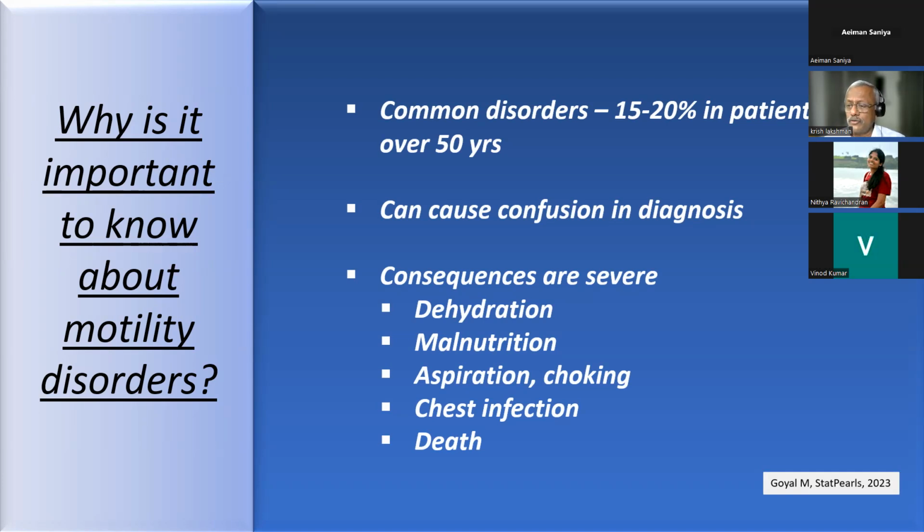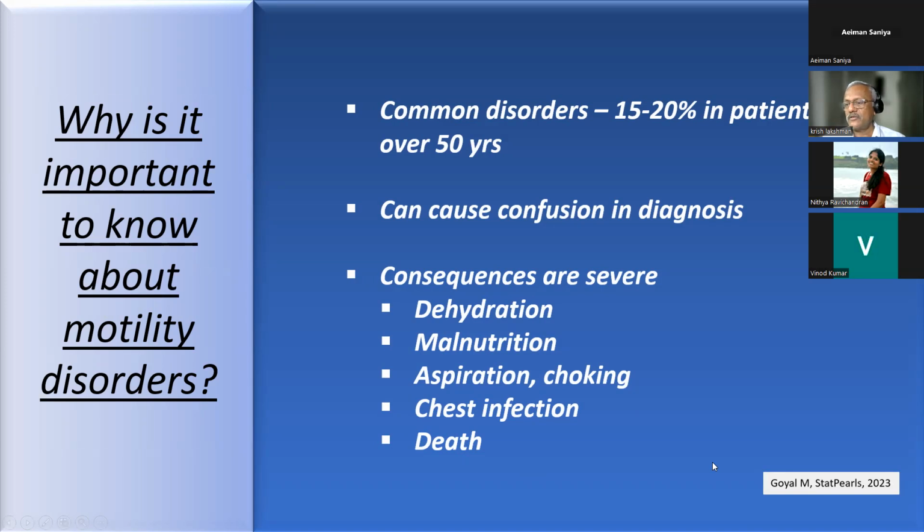Second, it can cause confusion in diagnosis. Even after many tests, sometimes there can be a confusion between a motility disorder and an organic or a mechanical disorder. But what is more important for all of us is to realize this, which is hardly ever realized by many of us. Just a motility disorder can cause all these problems: dehydration, malnutrition, choking, chest infection, aspiration, even death.